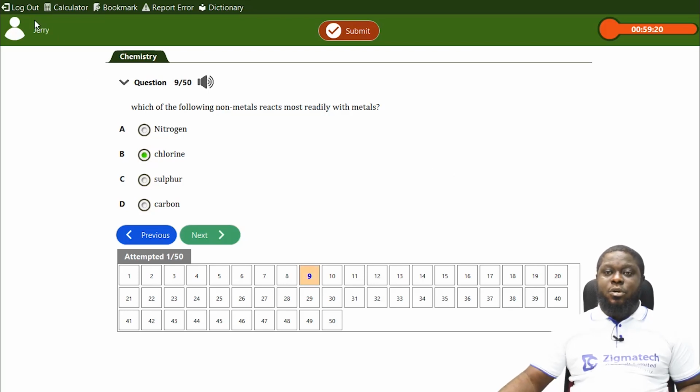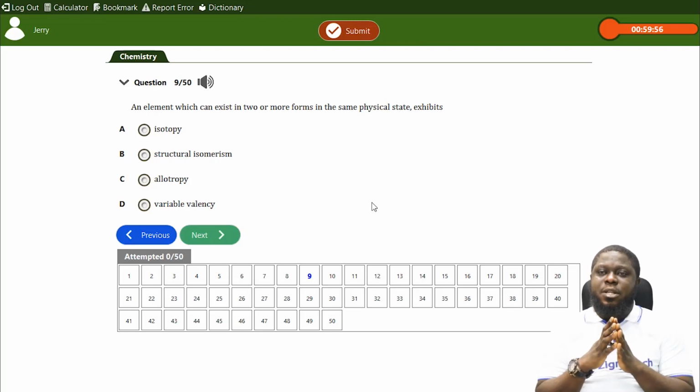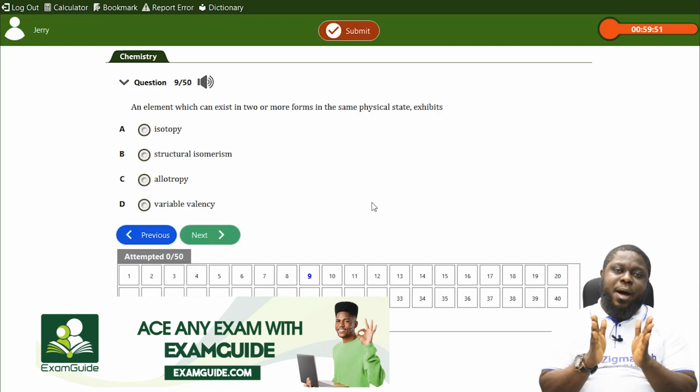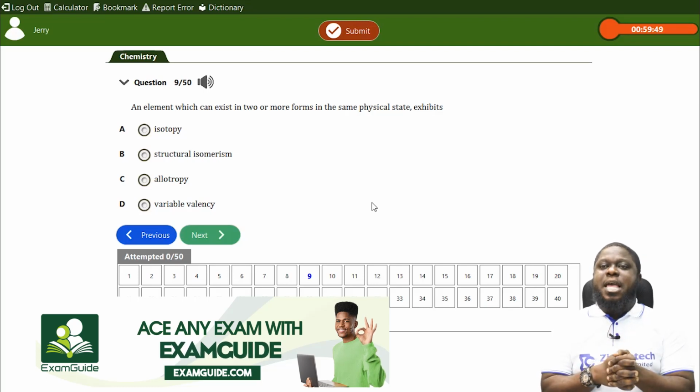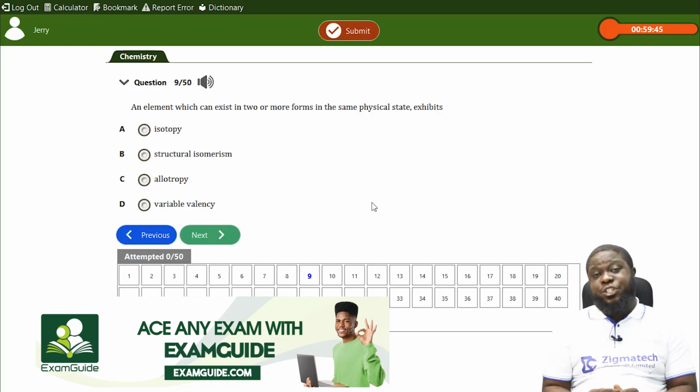Now, let's go to another question. An element which can exist in two or more forms in the same physical state exhibits... I told you about that again, that an element can exist in two physical states, and I cited an example of oxygen.